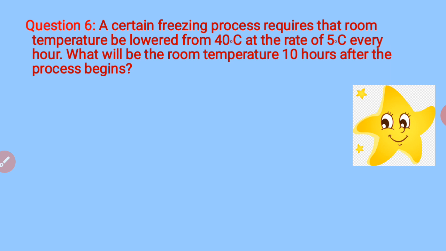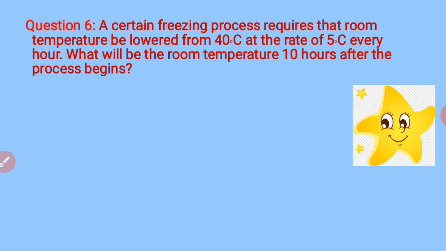Okay. And the rate at which the temperature is lowering, it is 5 degree Celsius every hour. Let me take an example. The question is basically what will be the room temperature 10 hours after the process begins.